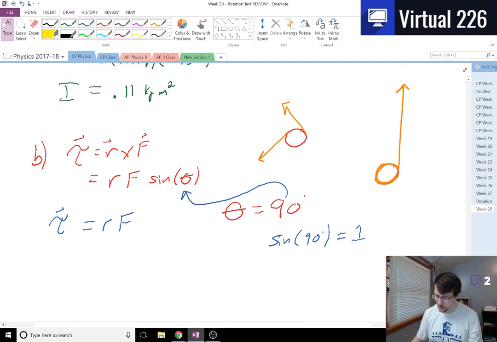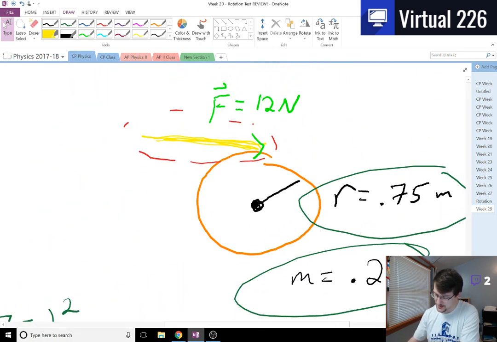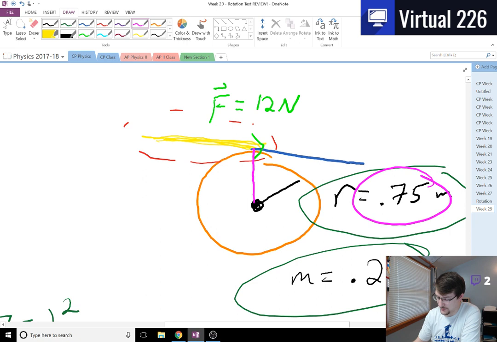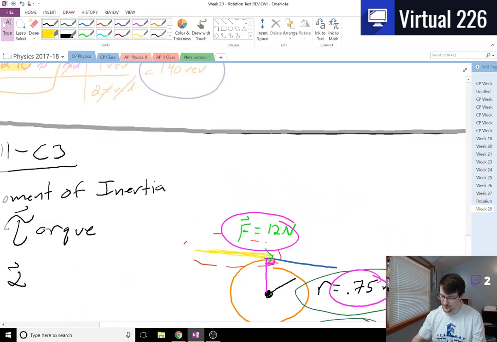So all we have to do, looking back to our picture, is say, hey, look, up here, this stick I'm pushing it with is sitting tangent to the circle. And my radial vector is, for my poorly drawn circle, directly out at a value of 0.75. And this angle is naturally 90 degrees. And we know the force, so we just have to say 0.75 times 12.